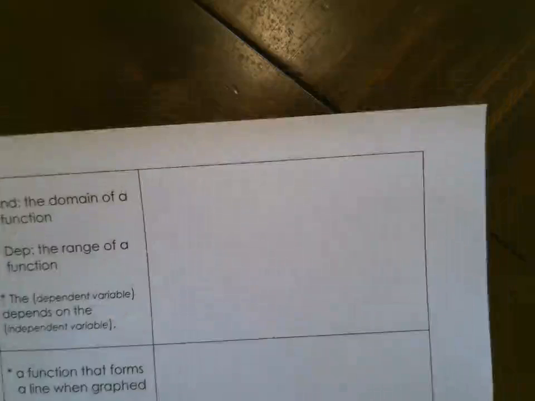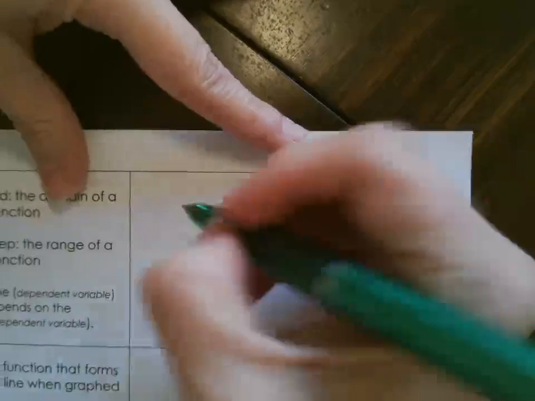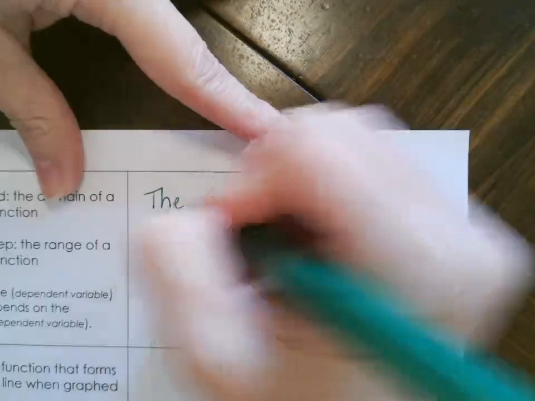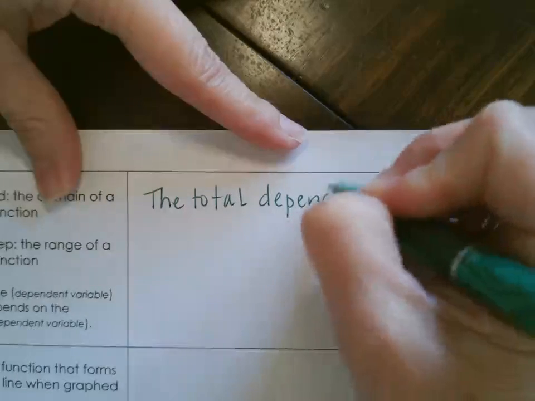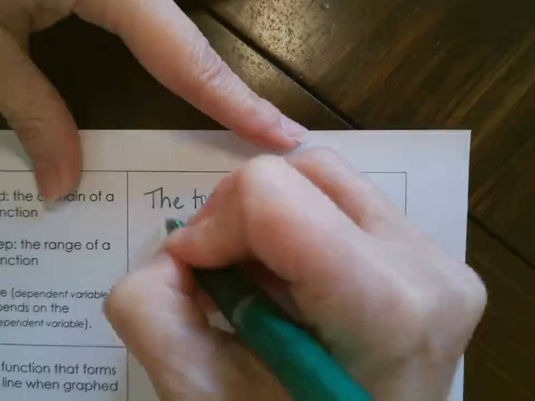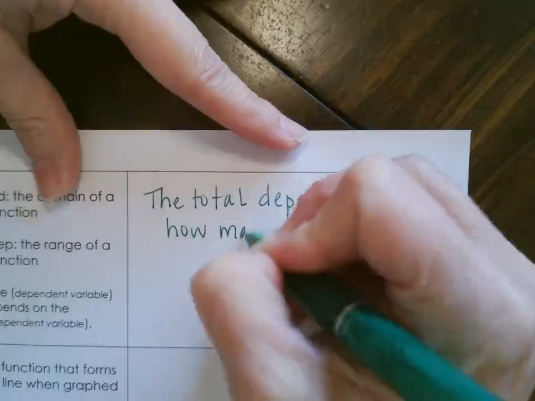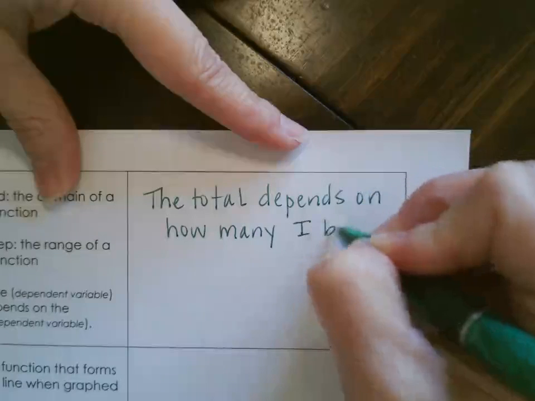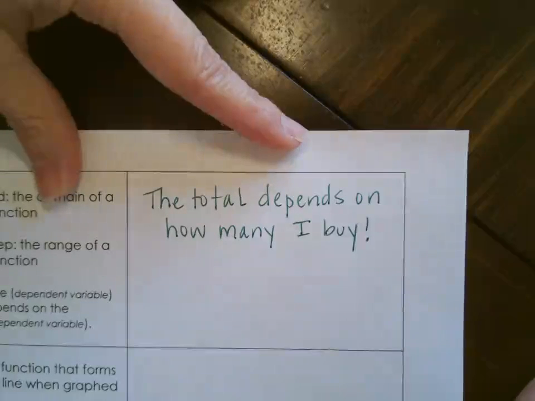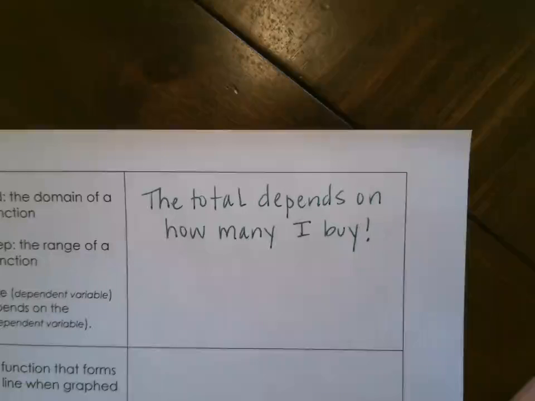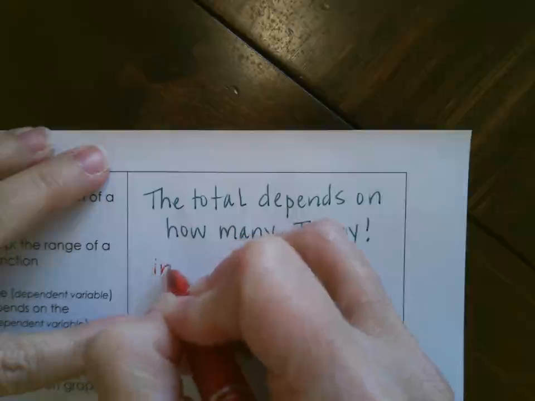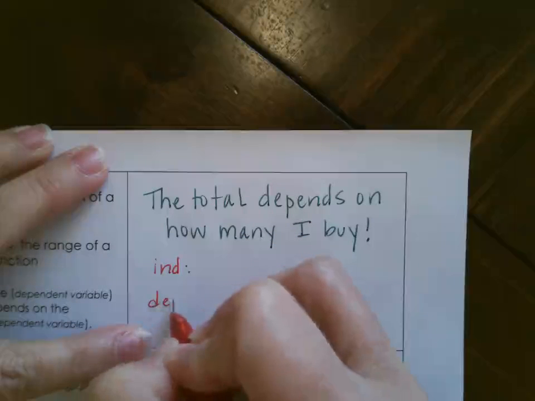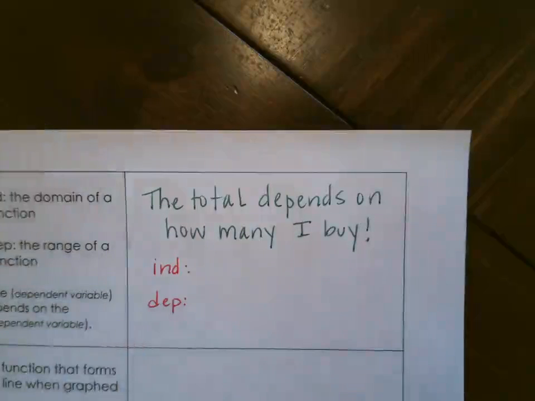So let's say, for example, I make up a sentence and I say, the total depends on how many I buy. The total depends on how many I buy. So the question is, what's the independent and what's the dependent in this situation?